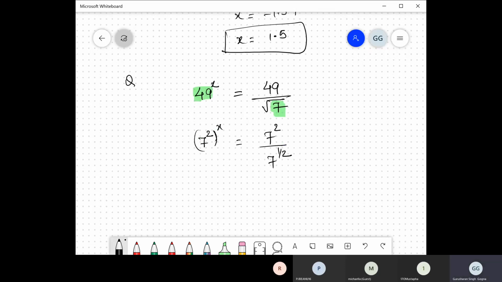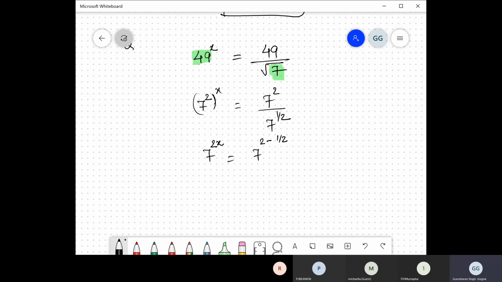So on the left hand side, which law is applicable? This is power to the power. So you need to multiply the powers. So obviously 2 multiplied by x is 2x. And on the right hand side, you have division, so you need to subtract the powers. As you can see, you are using the same laws again and again, sometimes the multiplication law, sometimes division, sometimes power to the power law.